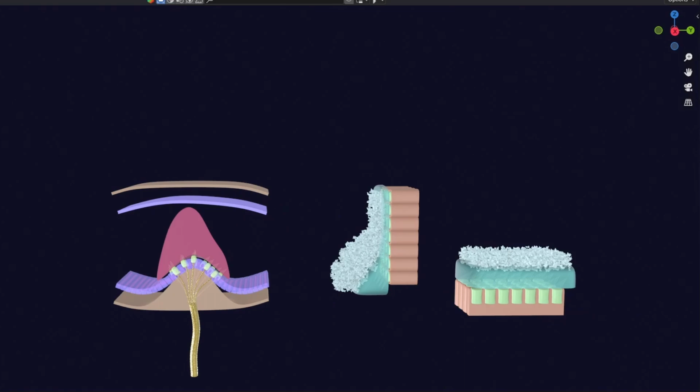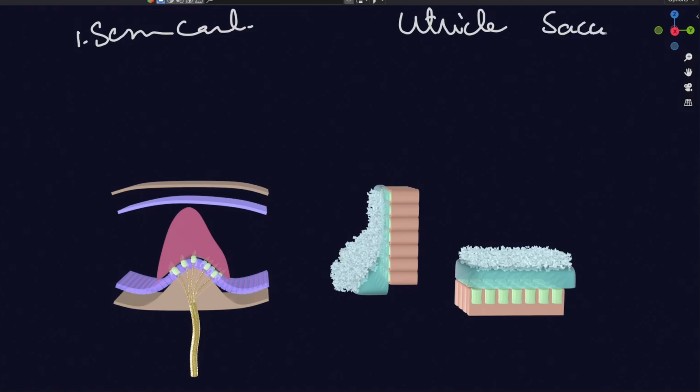If we briefly talk about that, what are the semicircular canals involved in? And what are the utricle and saccule involved in sensing? The one thing common is that they all sense acceleration.